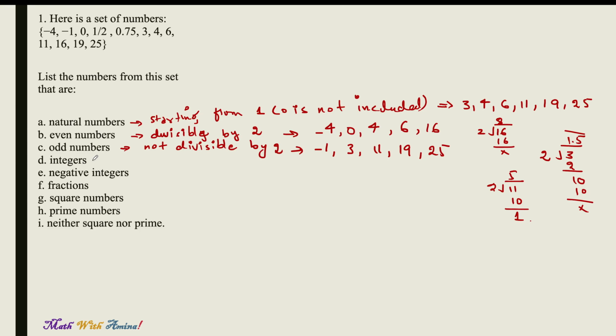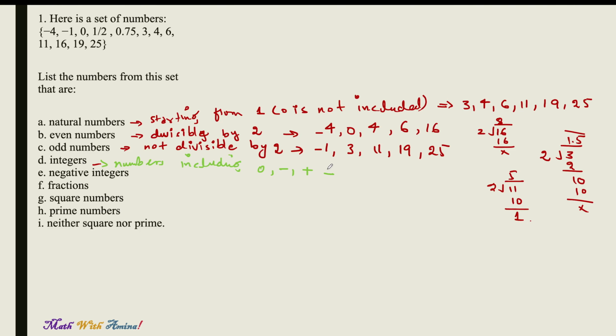Next we are having integers. Integers can be defined as the numbers including negative numbers, zero, and positive numbers. So integers are the numbers that include 0, negative numbers, and positive numbers.